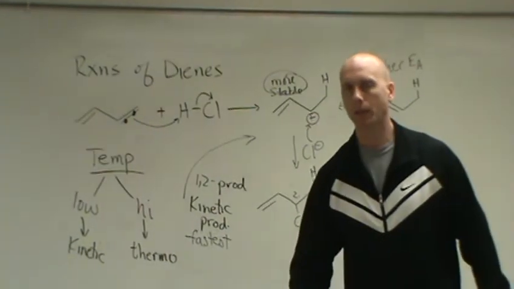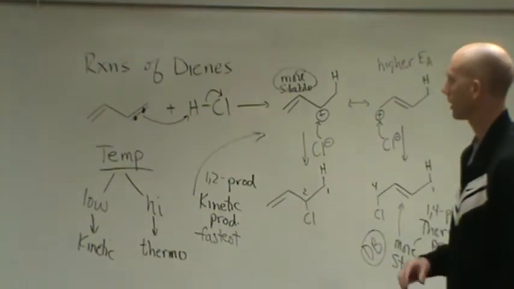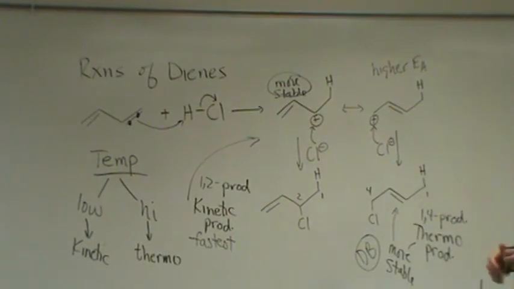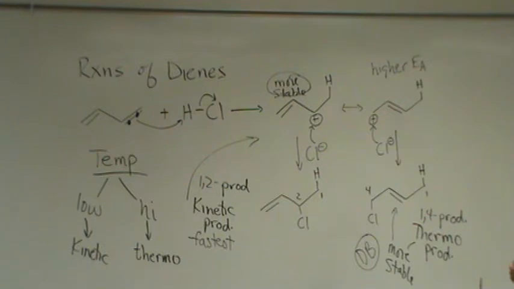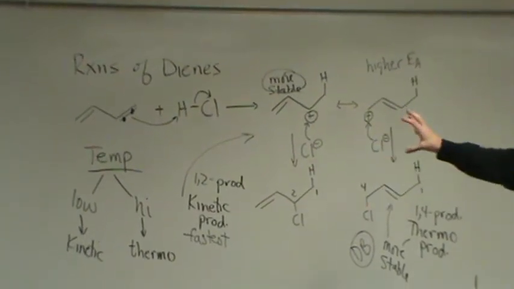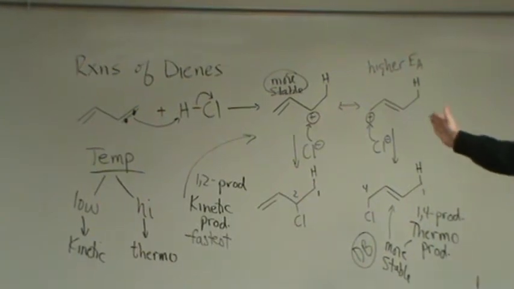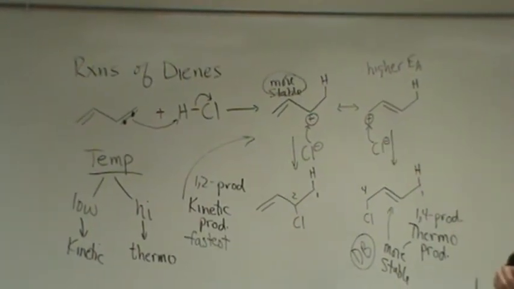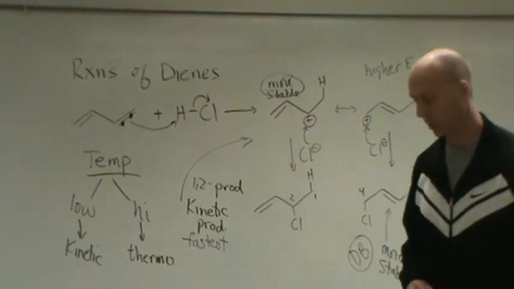So that's how we can depict which product is going to be the major product with these diene reactions. Okay? So make sure you understand the terminology and the stability all the way through the different pathways and which one is the major and minor product at those temperatures.